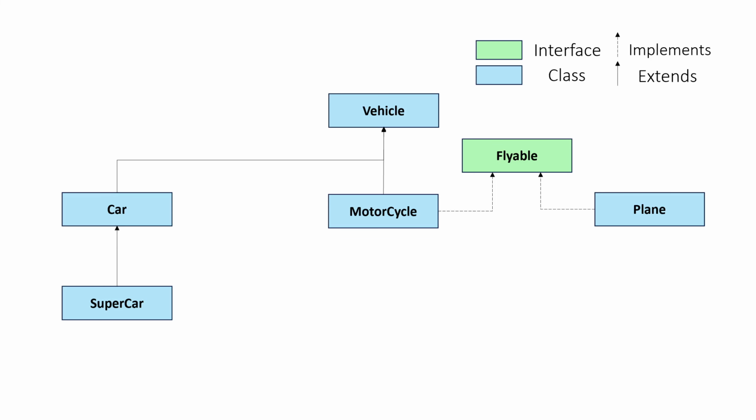So this way, I can make my plane flyable, and why not, my motorcycle, imagine it's the Batman's motorcycle, flyable. In this case, I'm kind of flexible. I can add wherever I want in each class the functionality to fly, okay?